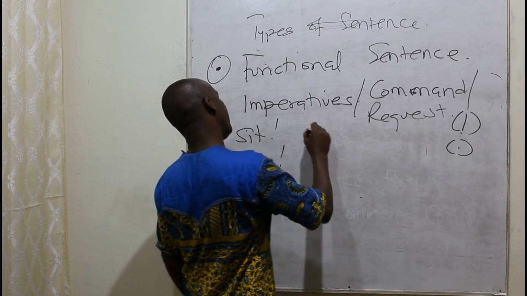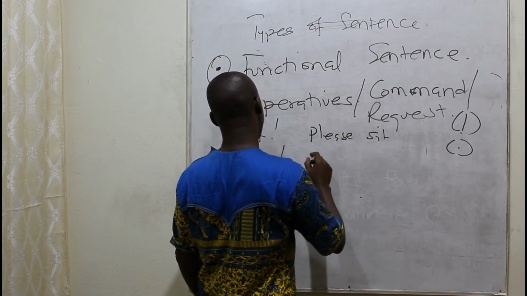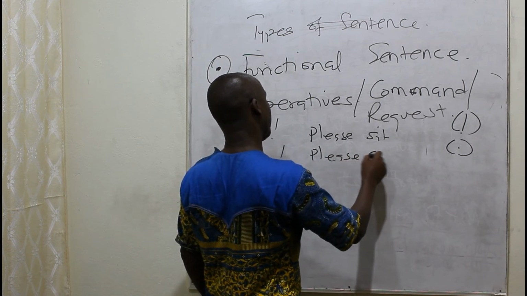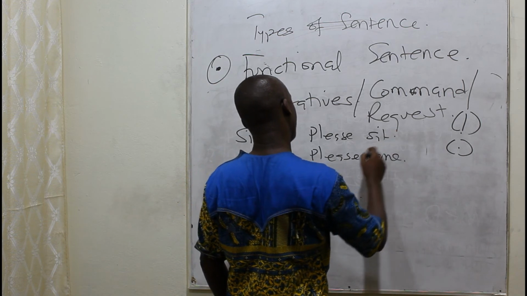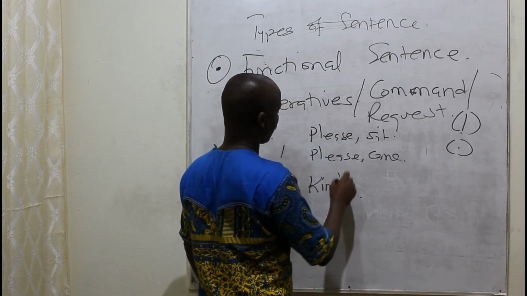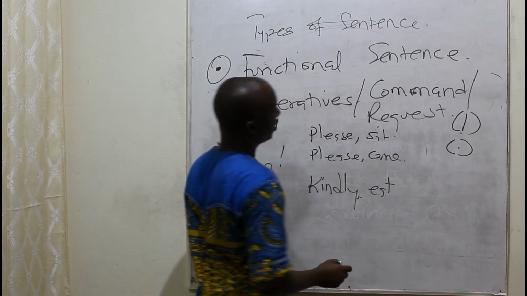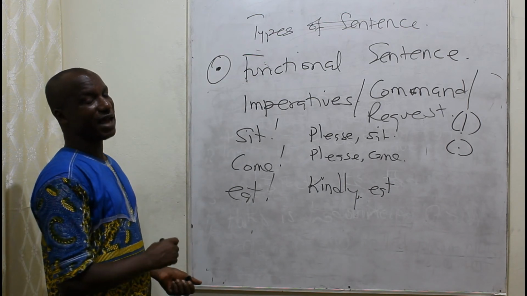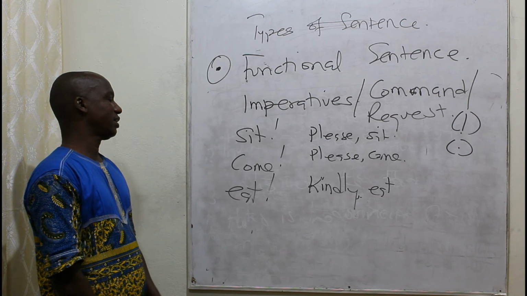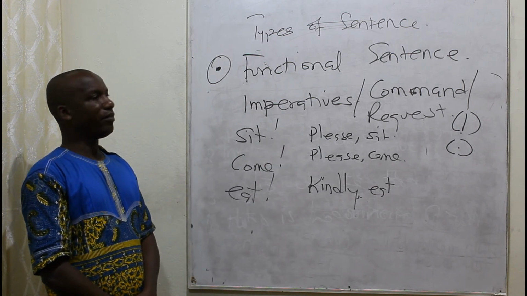But if I say, please sit, please come, kindly eat. Remember, we don't say please kindly eat, but you can say please eat or kindly eat. Then I am making a request.